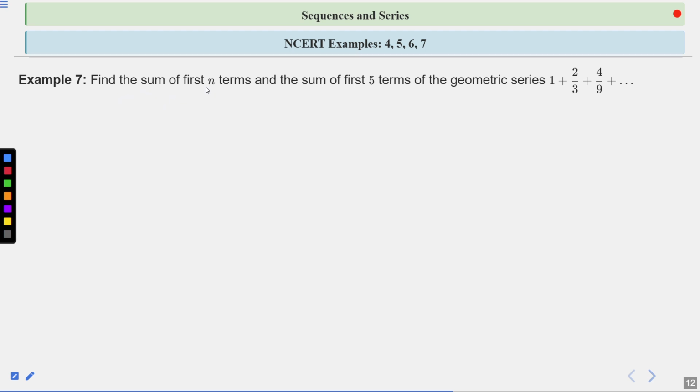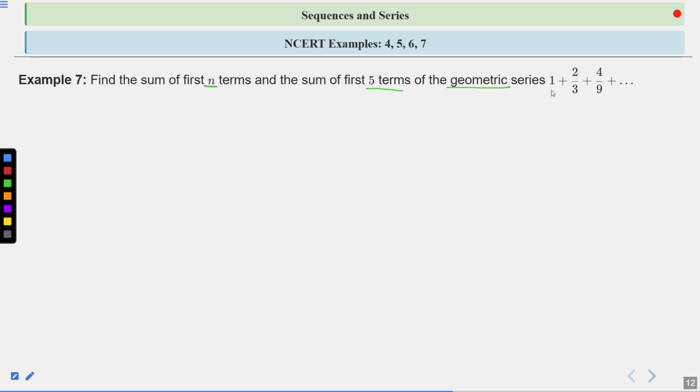We have to find out the sum of the first n terms. The sum of the first 5 terms. So we have to find two things. Sum of first n terms and first 5 terms. Of what? Of your GP, geometric progression series.